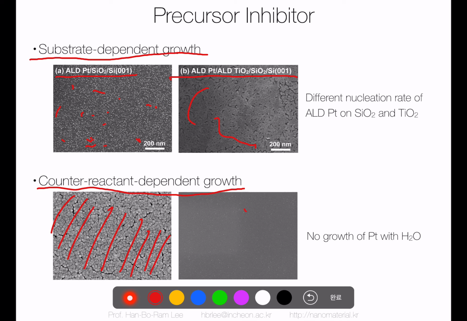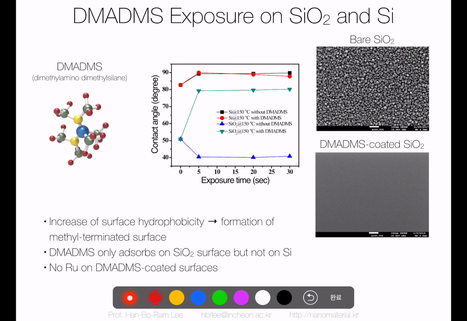But if you use water as the counter reactant, there is no growth. So using this concept, we use a silicon precursor, which is used for the silicon PEALD process. That precursor selectively adsorbs on the silicon oxide surface and reacts only with ozone and oxygen plasma.